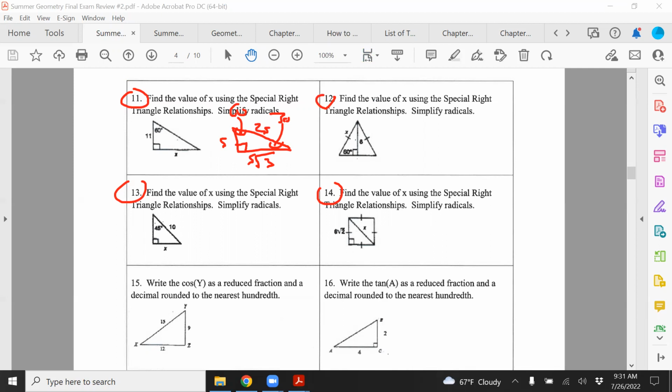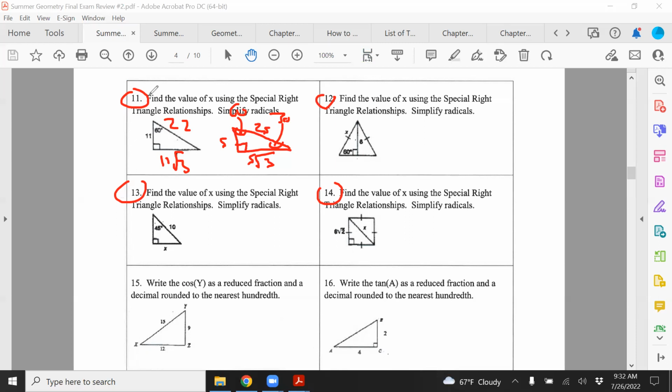You totally can do that. So that means that this is 11 over root 3. No, is that right? No, that doesn't make sense. No, it's 11 root 3. And that's 22. Because it follows this pattern, right? S, S root 3, 2S. So you guys have it to do this.